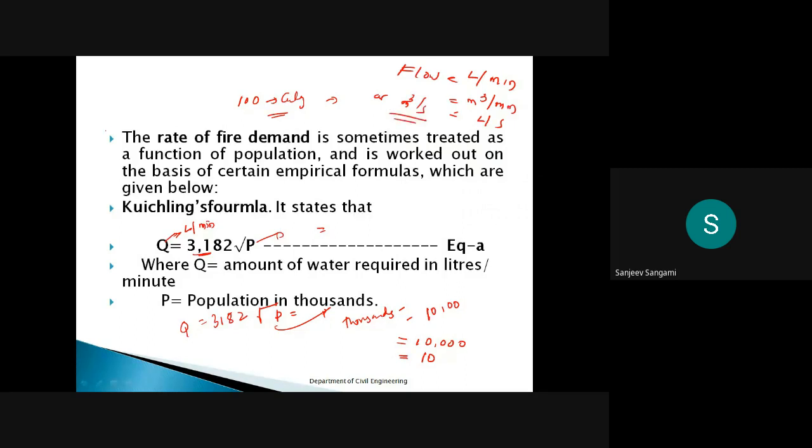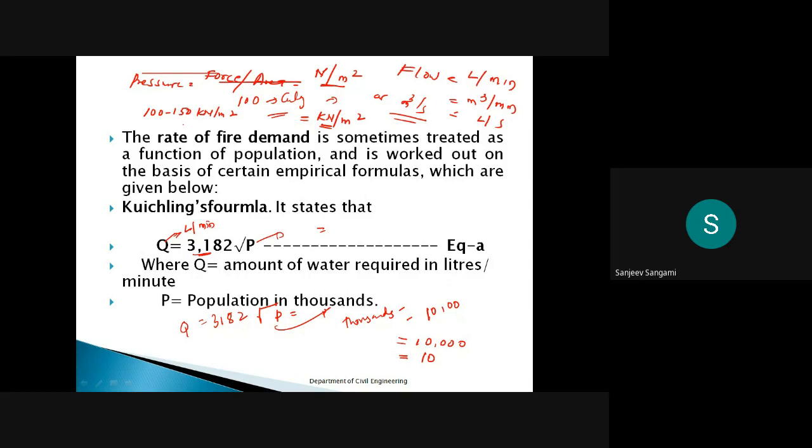But pressure is always force by area. Force is given in Newton, and area is in meter square, so you can use kilonewton per meter square. I already said that it has to give 100 to 150 kilonewton per meter square. These two have to be satisfied.